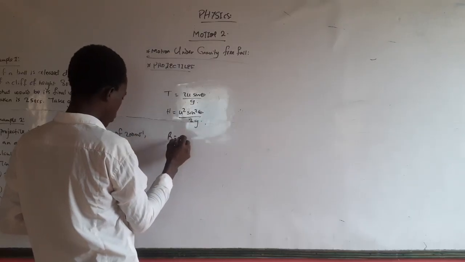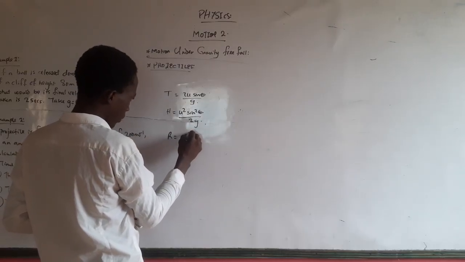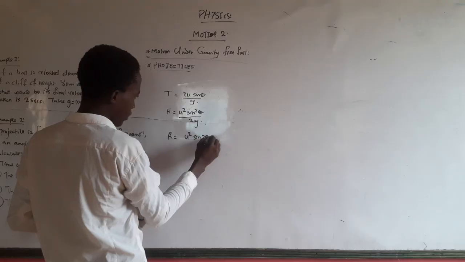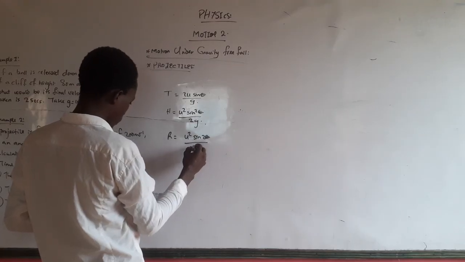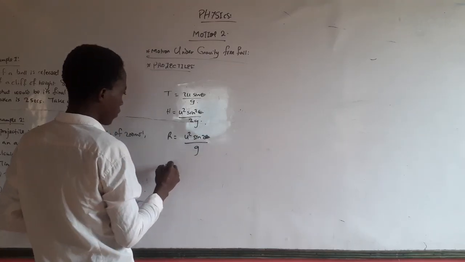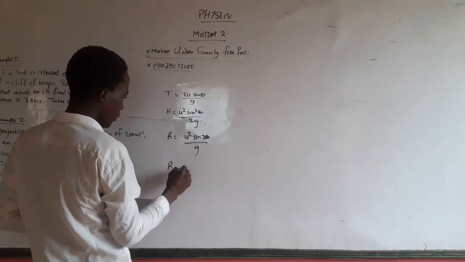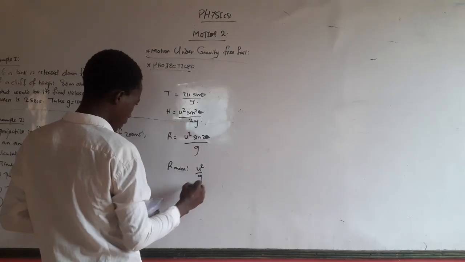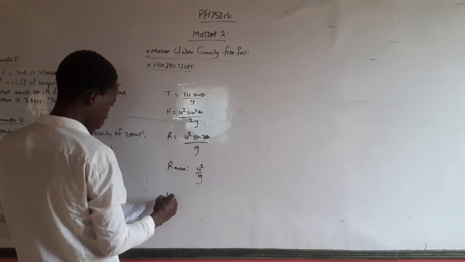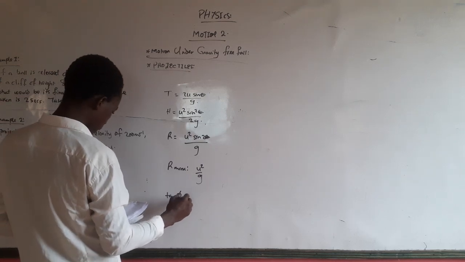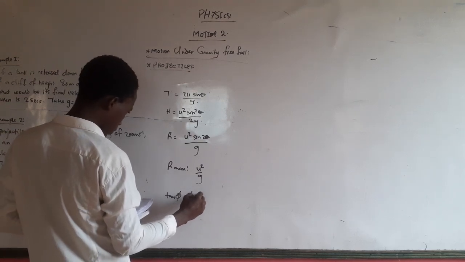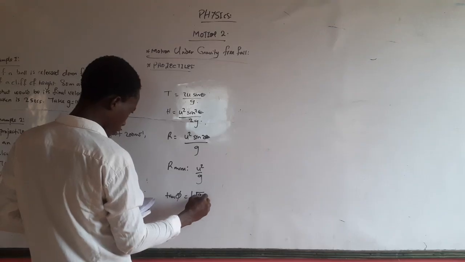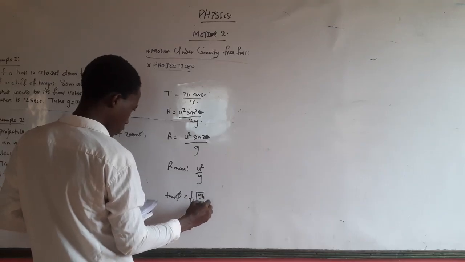The range is given as u squared sine 2 theta over g. The R max is u squared over g. The projection angle, tan phi, is given as 1 over u square root of gh over 2.